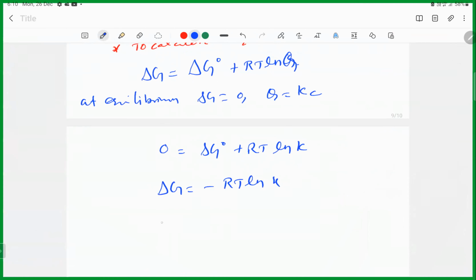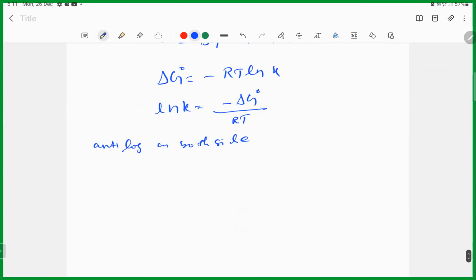Okay, அப்போ ln K is equal to minus delta G0 divided by RT. So we take the anti-log on both sides. It gives K is equal to e power minus delta G0 by RT.